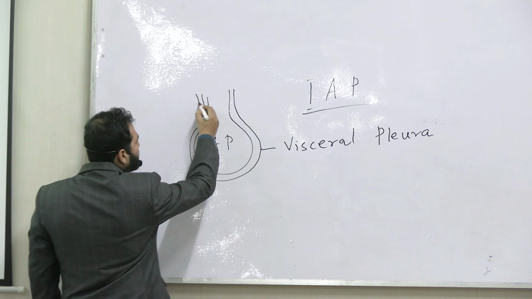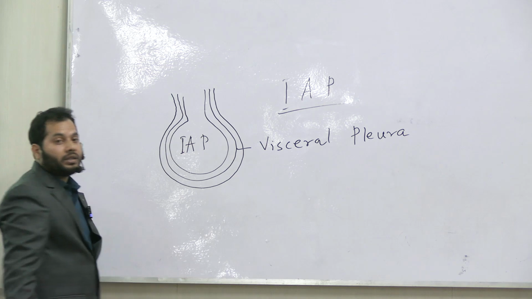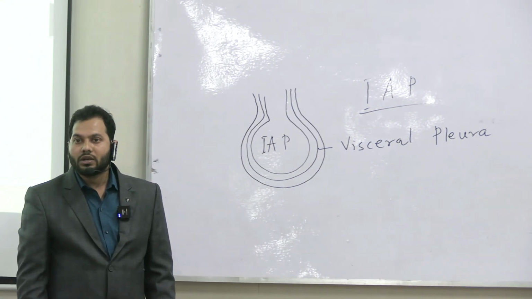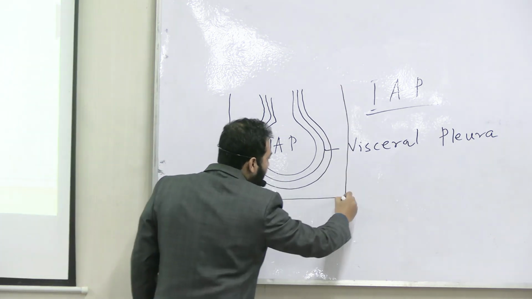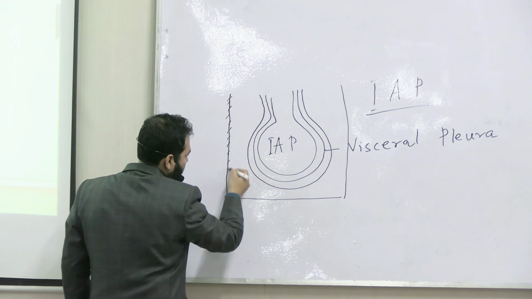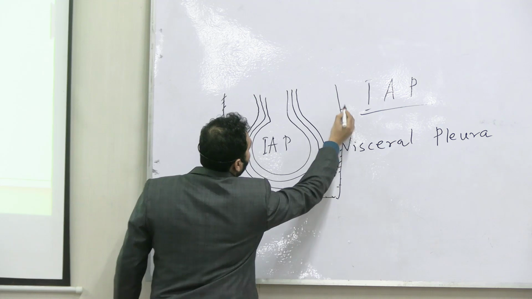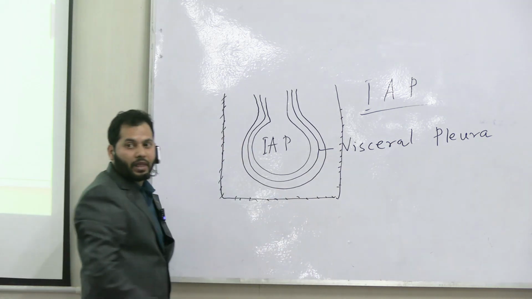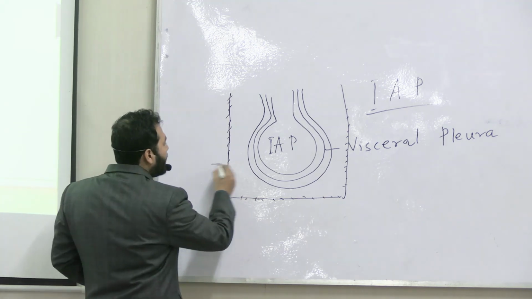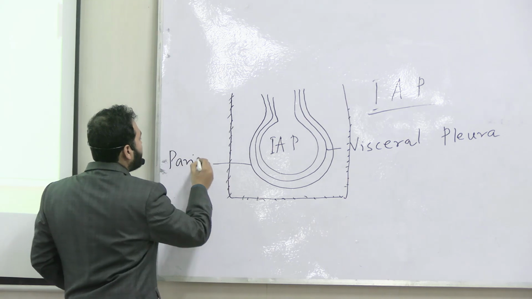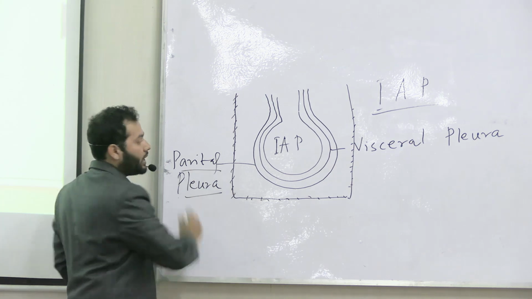At the same time, there is another layer that is attached to the chest wall. Suppose this is the chest wall. This layer is attached to the chest wall and is called parietal pleura, right?